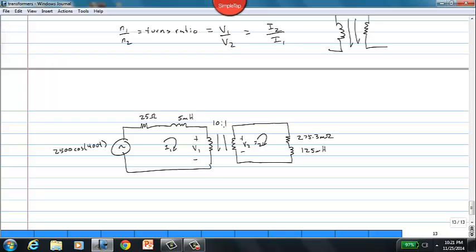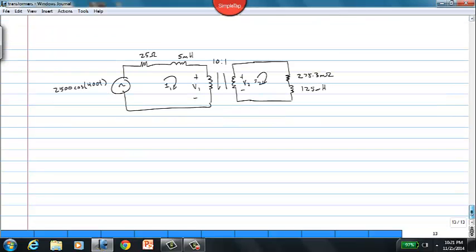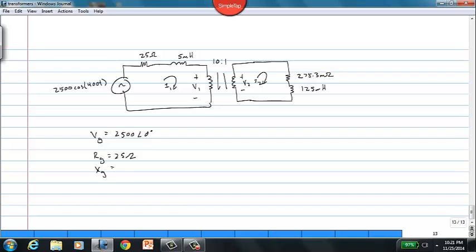So what we need to do to start analyzing this, let's just convert that voltage over into the phasor domain. Vg is equal to 2,500 at angle 0 degrees. That Rs, or the R of the generator, is going to remain at 25 ohms. X of the generator, the reactance of the generator, is J times 400 times 5 millihenries. That's equal to J2 ohms.